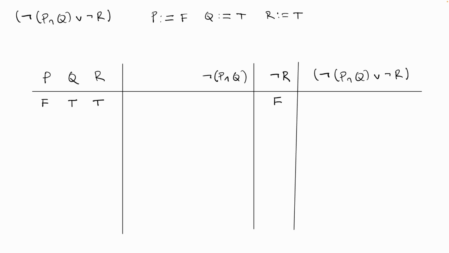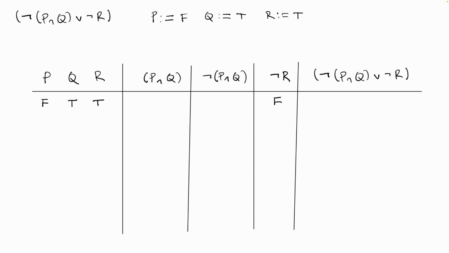Now we can move on to not P and Q. That's the negation of P and Q. So we need to know what the truth value of P and Q is. On this style of creating a truth table, that means that we would create a new column for P and Q, with the idea again being that we'll first fill this column out and then use that information to fill out the column for not P and Q.